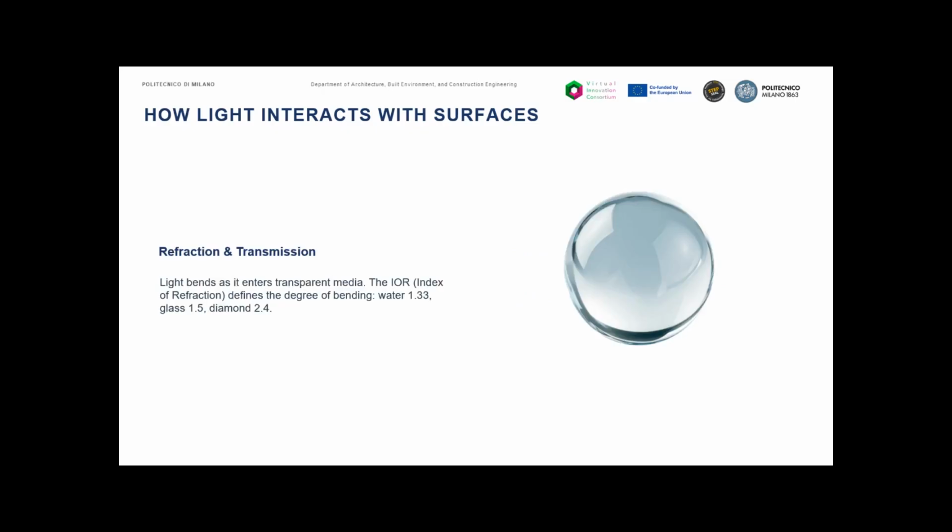Then we have refraction and transmission. Refraction and transmission describe what happens when light enters a transparent medium. The light bends as it crosses the boundary between materials.